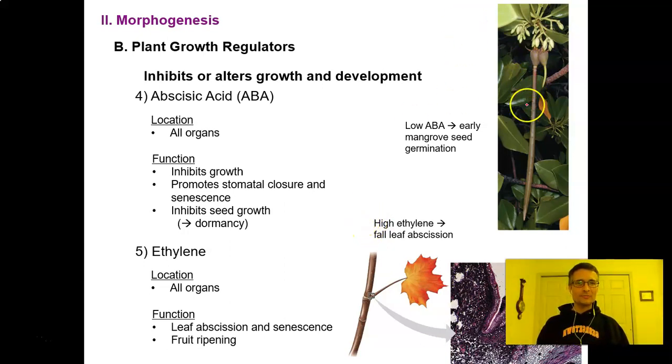This early germination of the seedling is achieved by low abscisic acid concentrations in the seed. Another type of inhibitory growth regulator is ethylene. Again, it appears in all plant organs, and it has a couple of effects. One is fruit ripening. Think about a fruit that you often get at the grocery store.